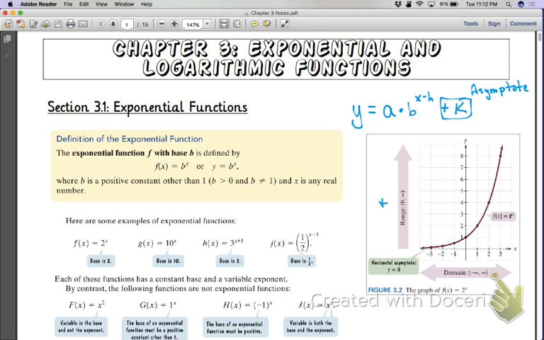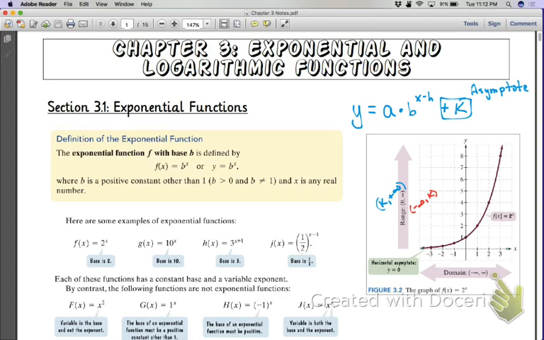I like to say that it goes from k to positive infinity, if your base is positive or your a is positive. If it's flipped, it could go from negative infinity to k. Again, it's not going to land on that value. It just depends what it does.